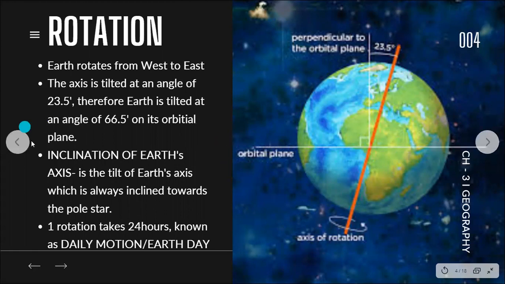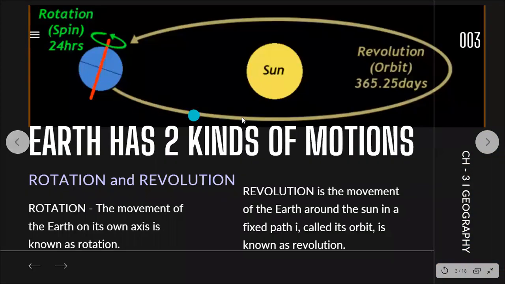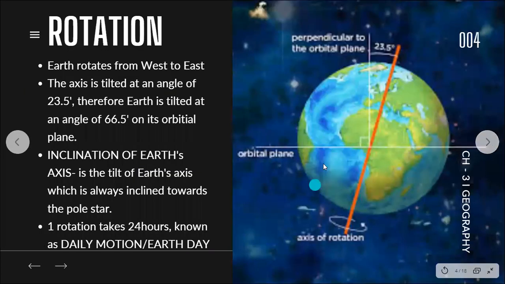If you all recall, this is the orbital plane, the plane on which the earth revolves around the sun, right? So now this is my axis, which is at 23.5 degrees, and this is my orbital plane.